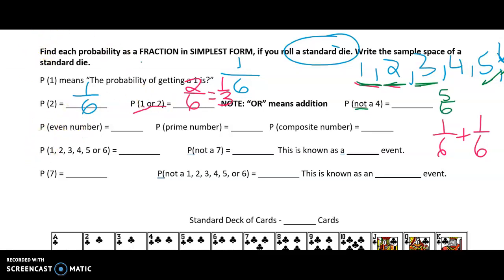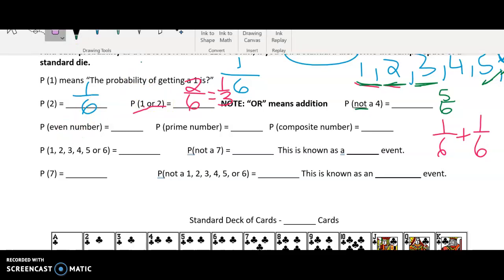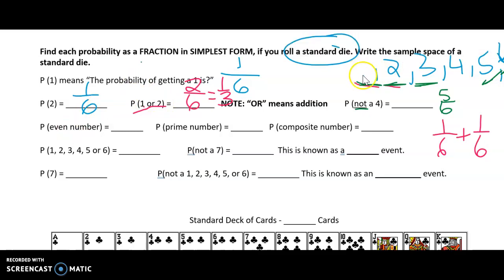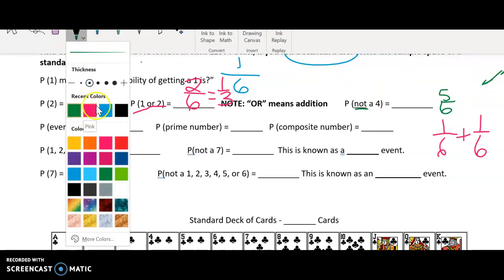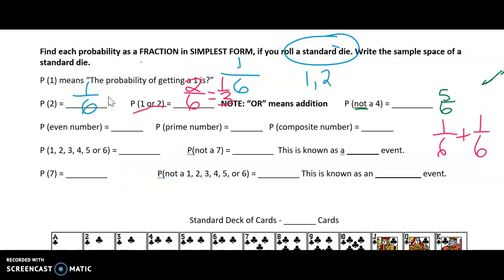An even number. Let me clean this up a little bit. Let me rewrite my sample space neater. So I have a 1, a 2, a 3, a 4, a 5, and a 6.